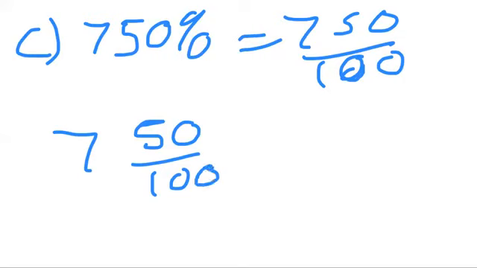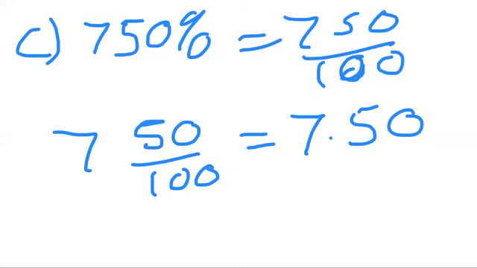Another way somebody can say it is 7.50. So this might be a little bit hard, but you need to revise your previous notes, and you'll see it's not that direct. Or somebody can just say 750 divided by 100.